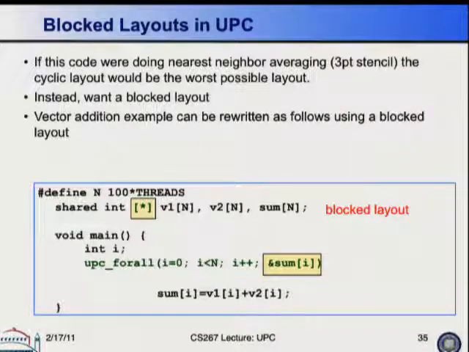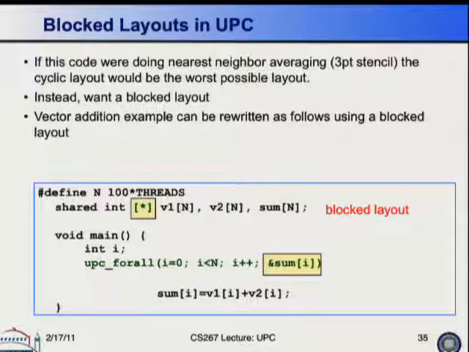So here's a vector addition example where rather than having every processor own every pth element of the array, we'll just store it by blocks. All we have to do is, in the declaration of the arrays, put in this little thing that says store it in a blocked fashion as opposed to a cyclic fashion, which was the default.